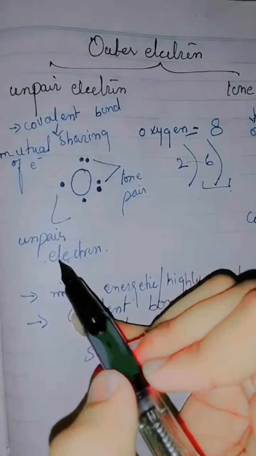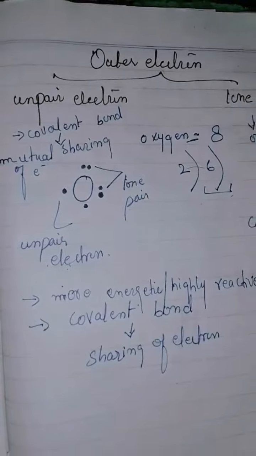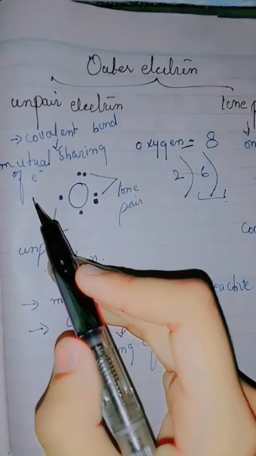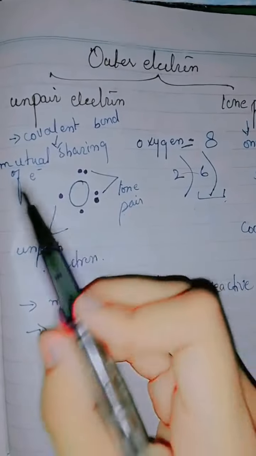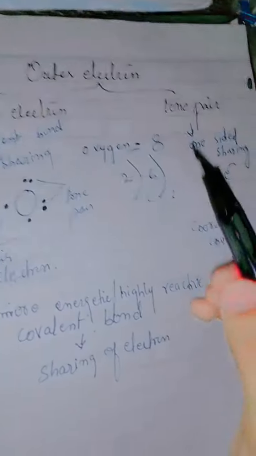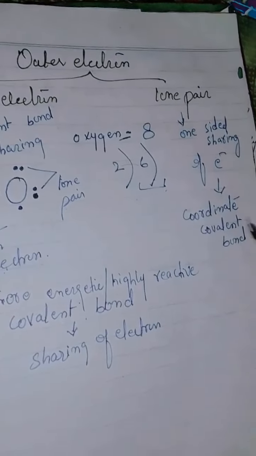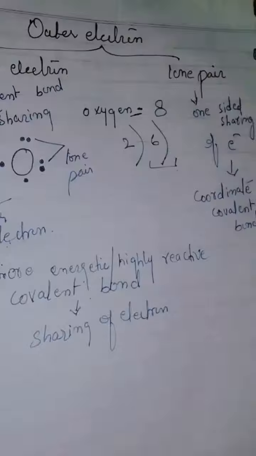First of all, unpaired electrons will make a bond, called a covalent bond, meaning mutual sharing of electrons. But in a lone pair, there will be one-sided sharing of electrons, and that is called a coordinate covalent bond.